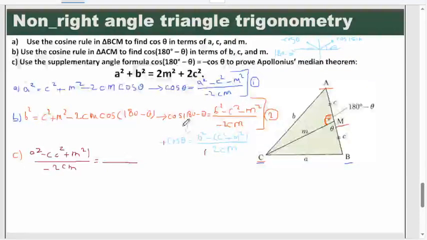I said the left sides are equal, so I make the right sides equal as well.